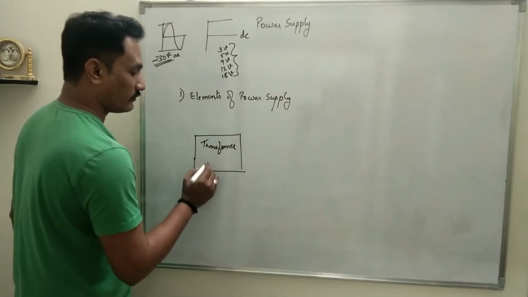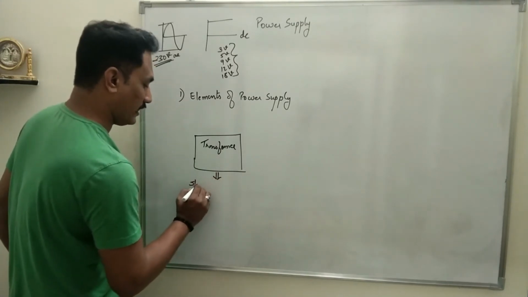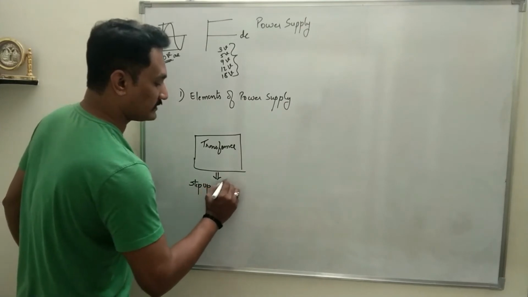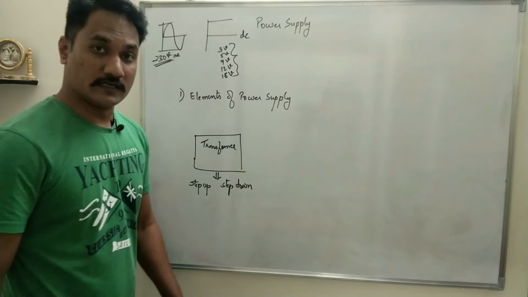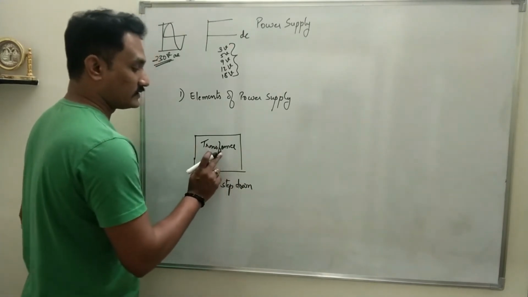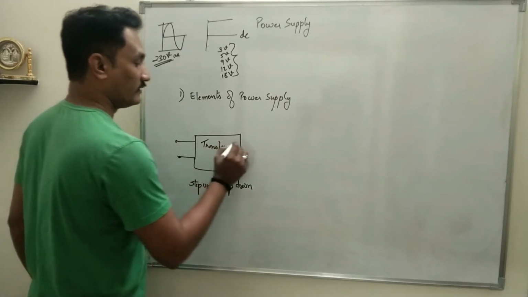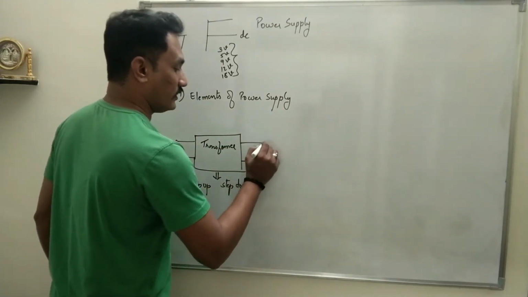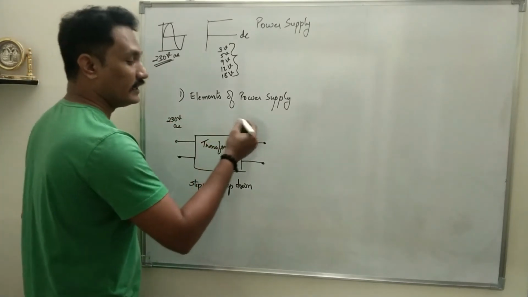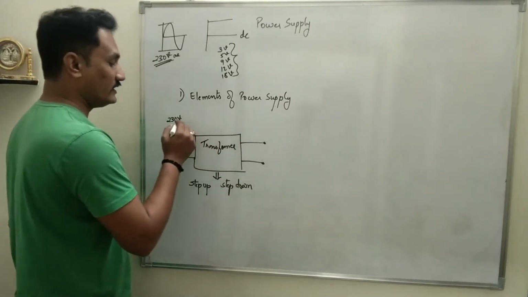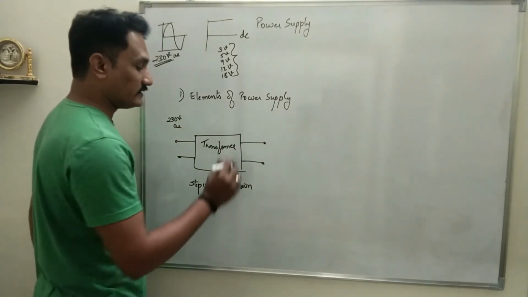Okay, transformer. There are two types of transformer, step up and step down. Of course, we are going to use a step down transformer. The purpose of the transformer is to convert high AC voltage into low AC voltage; high AC voltage, high AC current into low AC voltage, low AC current.